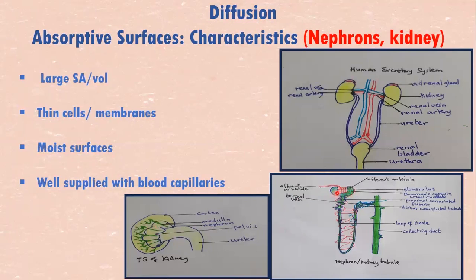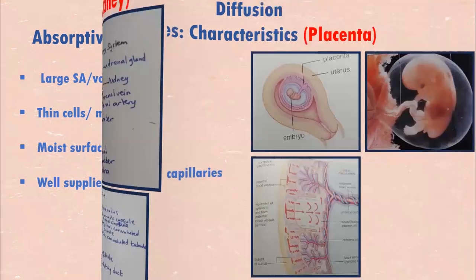This nephron is a tube. And when the substances are diffused in, some of them will have to diffuse back into the blood capillaries to be absorbed back into the blood system. That is the shape of the nephrons, the number of them, numerous, large surface area. They are thin membranes. They are already moist. They are already well supplied with blood capillaries, absorptive surfaces, the nephron of the kidney.